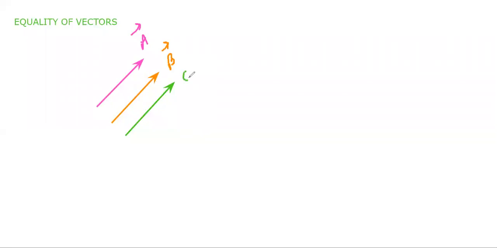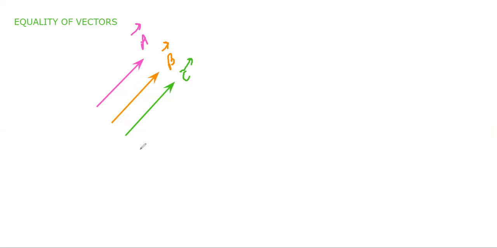Now if you see, these all three vectors have the same magnitude, that is the length. They all have the same length and they all are going in the same direction. So such vectors, those that have the same magnitude and same direction, are called equal vectors.